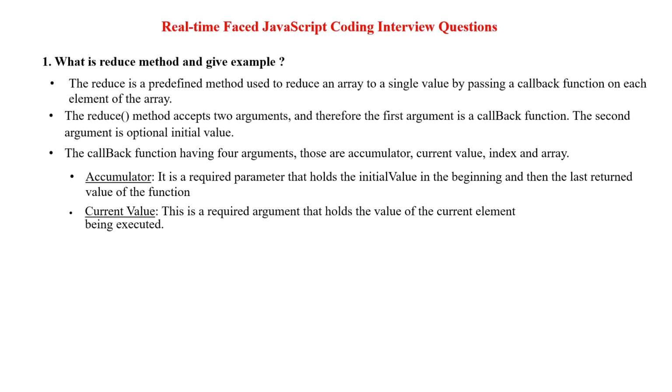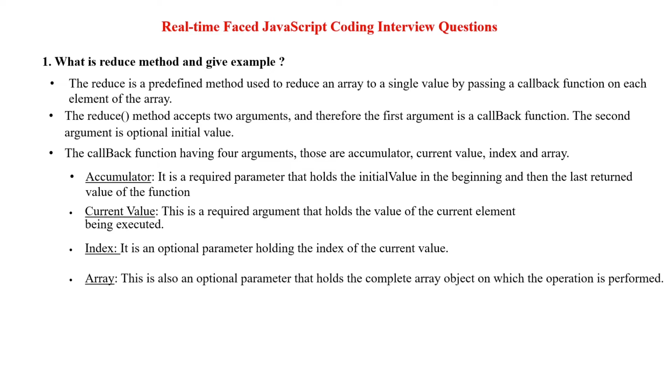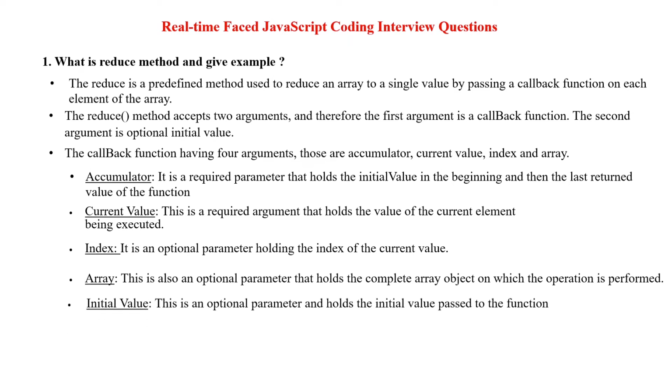Current value is a required argument that holds the value of the current element being executed. Index is an optional parameter holding the index of the current value. Array is also an optional parameter that holds the complete array on which the operation is performed. Initial value is an optional parameter and holds the initial value passed to the function.